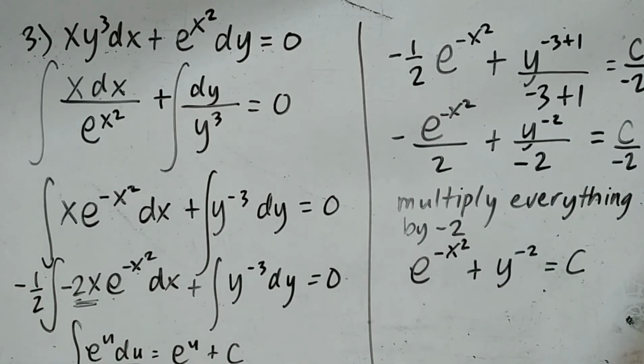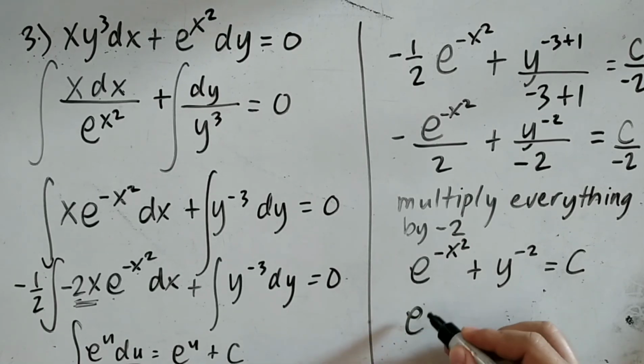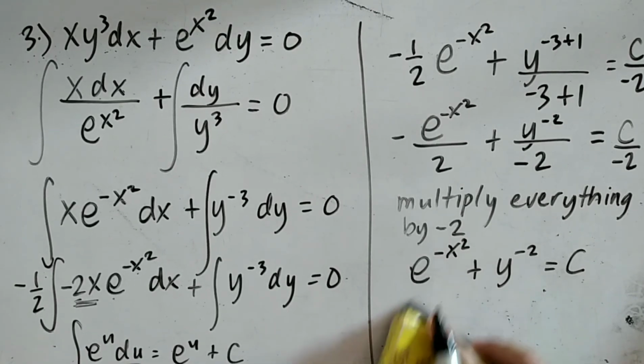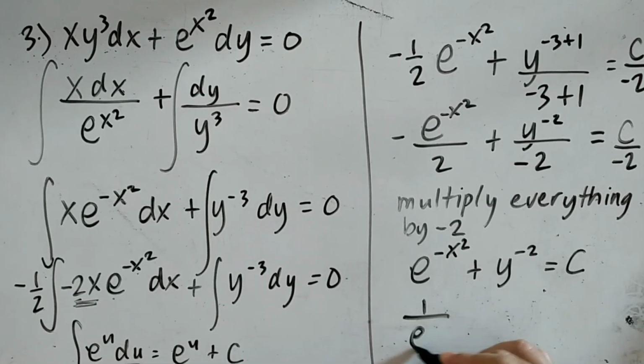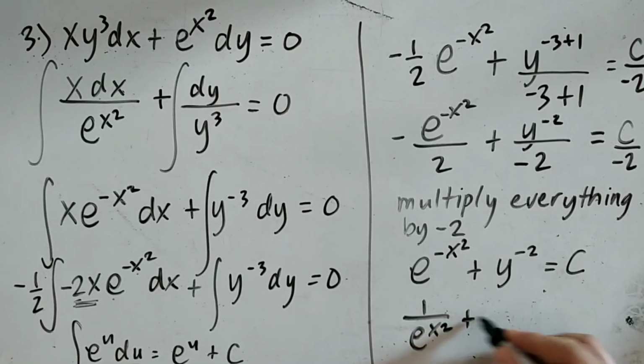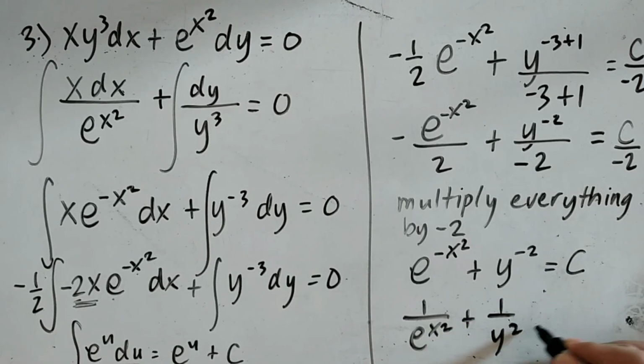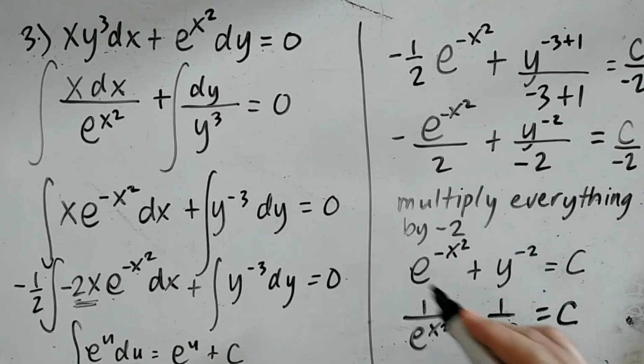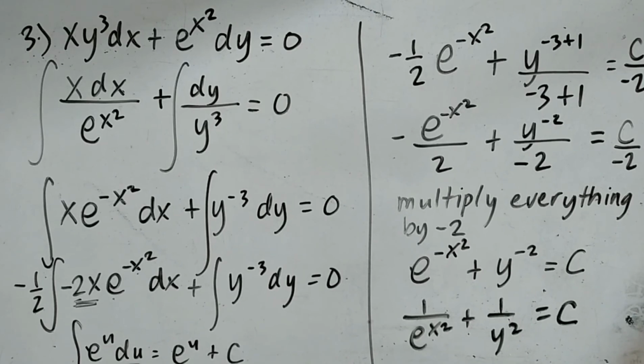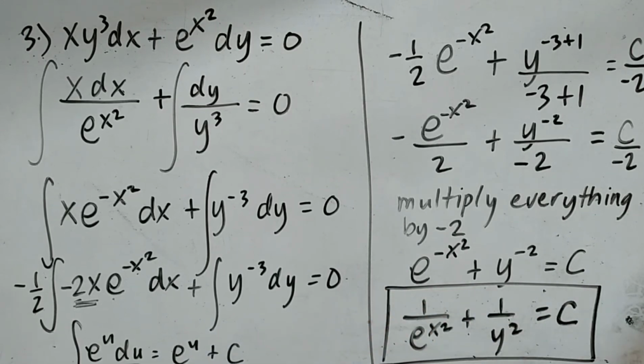Or, that is, we have 1 over e to the x squared plus 1 over y squared equals c. In which case, it's already our final answer because we can no longer simplify it. So this becomes our final answer. This can also be your final answer. However, I would prefer positive exponents in the final answer.